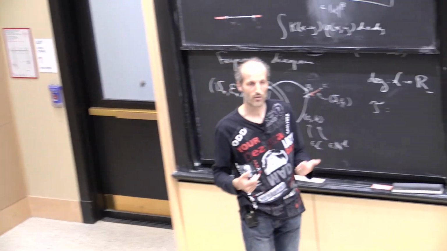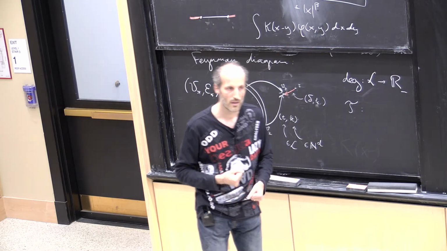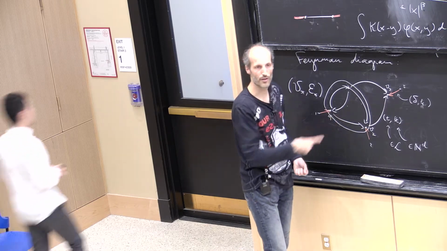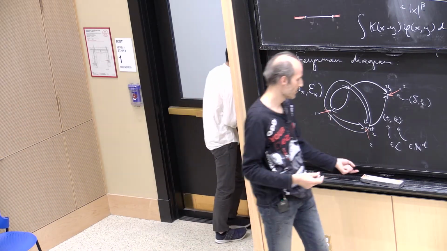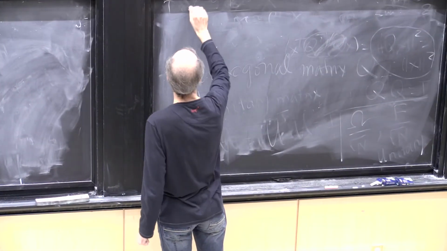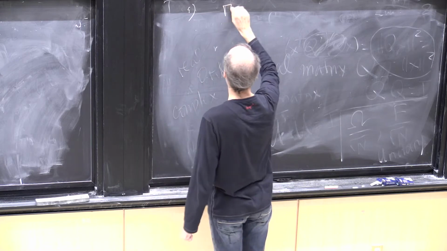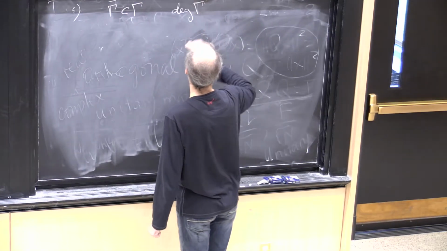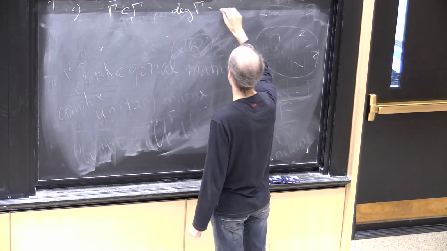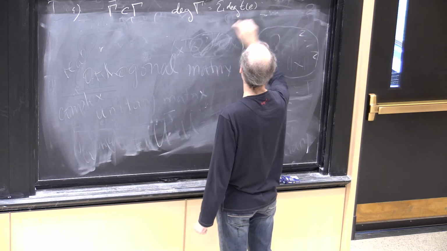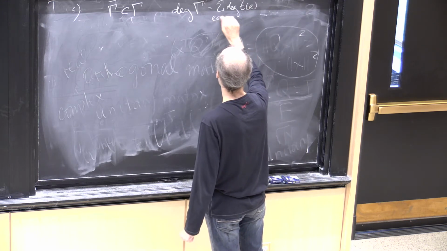There's a natural total degree associated to this subgraph, which is simply to add up the degrees of all the edges. So if you take a subgraph gamma, I would define the degree of the subgraph as the sum of the degrees of all the edges.